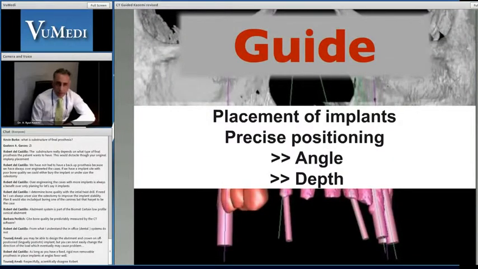The last real benefit of the CT-guided planning is the actual surgical guide. This is when we translate all this information that we have learned from the diagnostics and from the planning phase, and now we're actually able to translate that information and make it happen in the operating room.